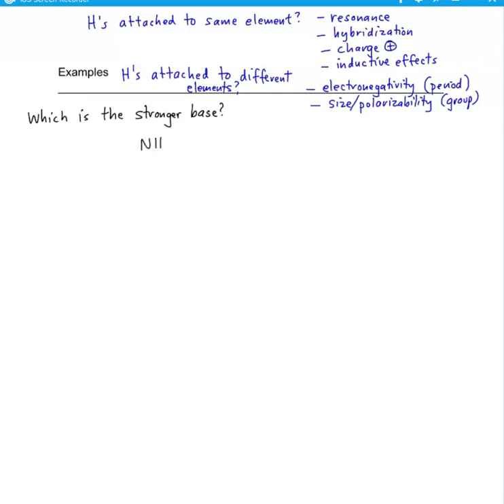So we're going to compare the amide ion and this guy, CH3O minus, so that is RO minus, so this is an alkoxide ion. This one is called methoxide. So yet another example of an alkoxide ion.